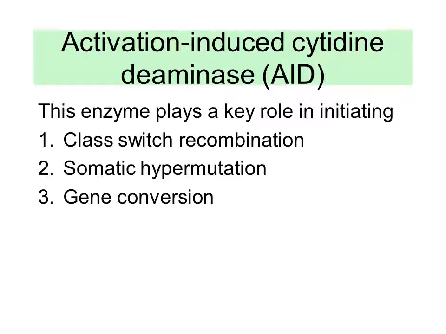That's why AID interacts preferentially with the immunoglobulin V region. These genes are currently very well understood. So remember, there is a definitive role of AID, activation-induced cytidine deaminase, in class switching.